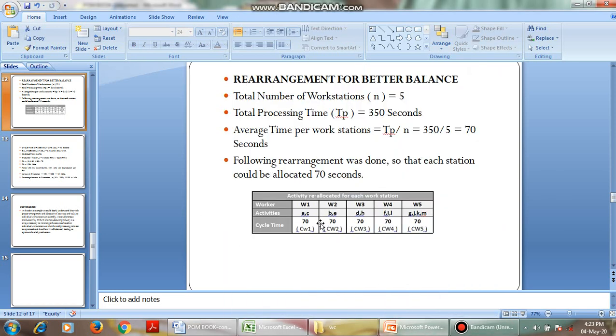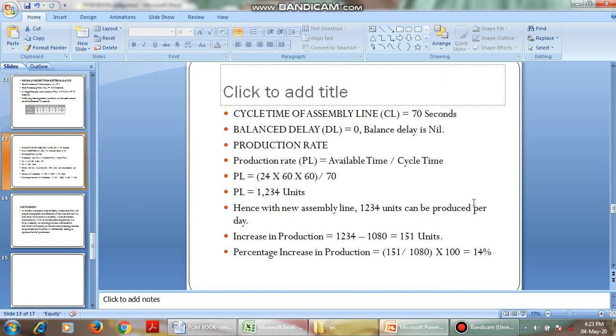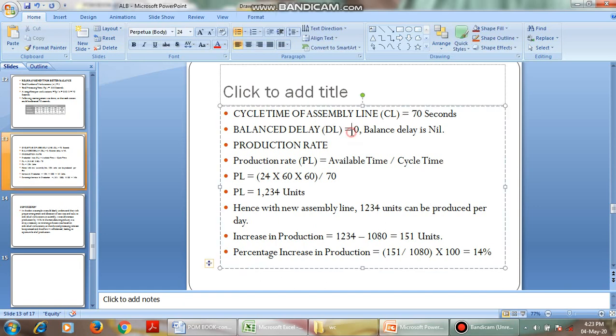After rearrangement, the cycle time is distributed equally at all the workstations, so the cycle time is reduced to 70 seconds, the balance delay is 0, that is nil, there is no wastage of time.